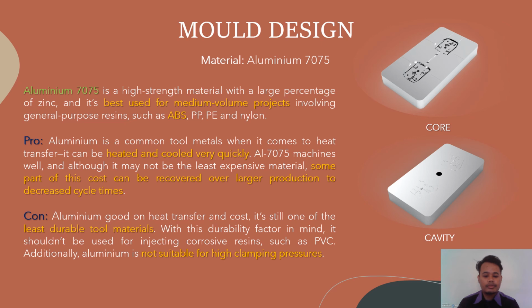With this durability factor in mind, it should not be used for injecting corrosive resin such as PVC. Additionally, aluminum is not suitable for high clamping pressure.